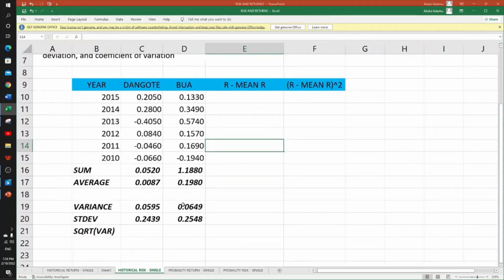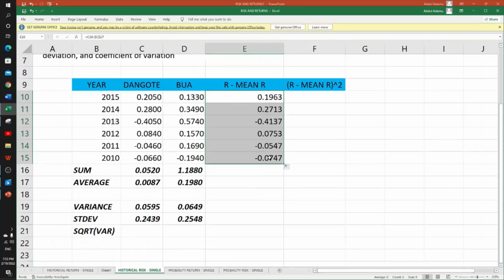To calculate it, all we do is the return minus the mean return. So this is equals to, this is our return minus the mean return for this is this. F4 to lock it, because we are going to copy it down. We have that.